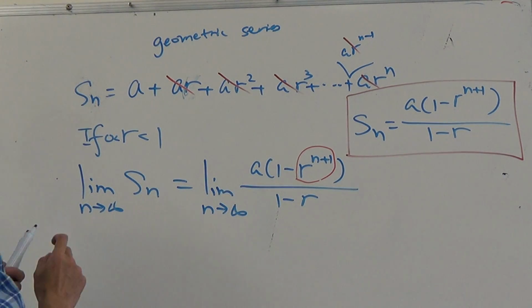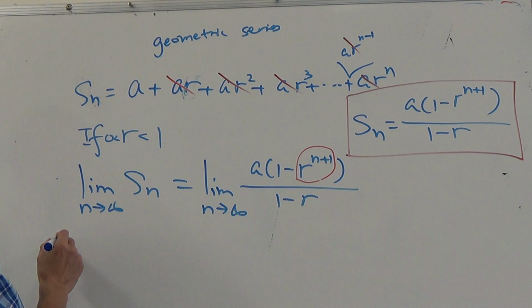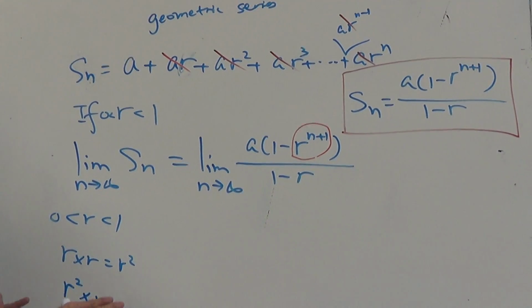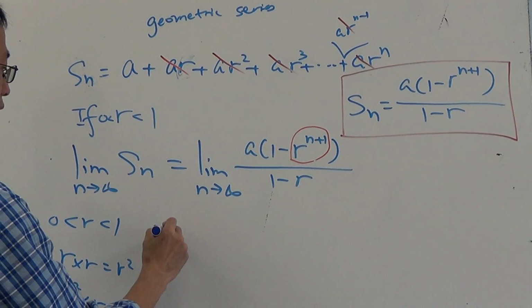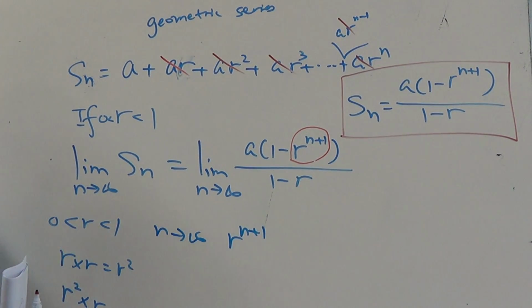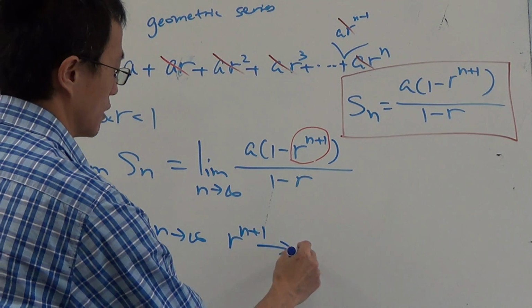Since R is between 0 and 1, if I multiply R by another R, which gives R squared, it becomes smaller. If I multiply R squared by another R, it becomes smaller still. So clearly, as n approaches infinity, R to the power n plus 1 approaches 0.